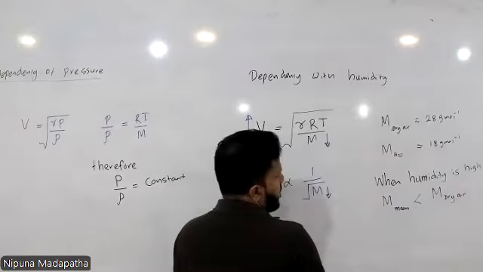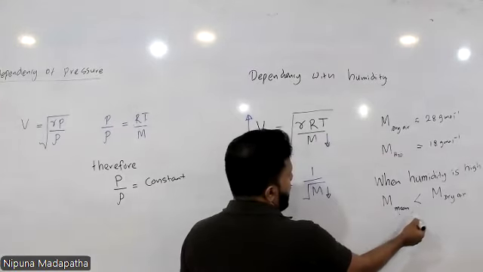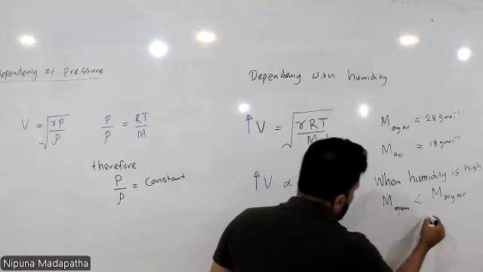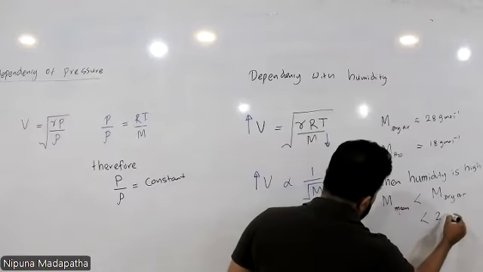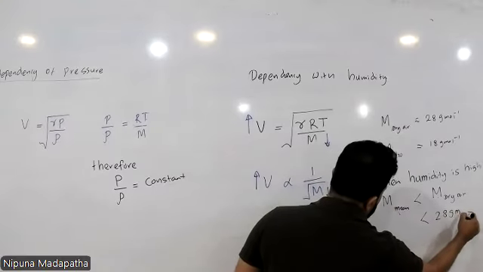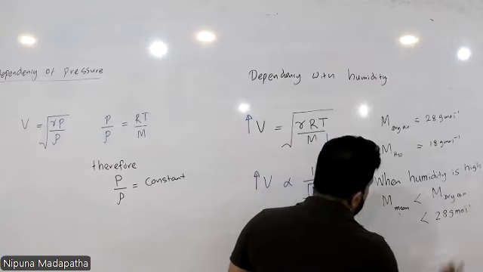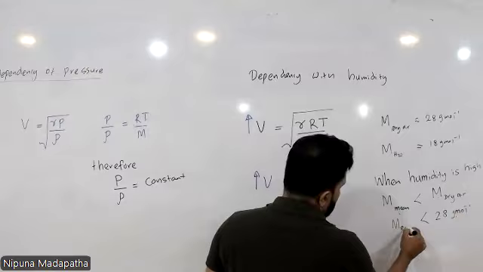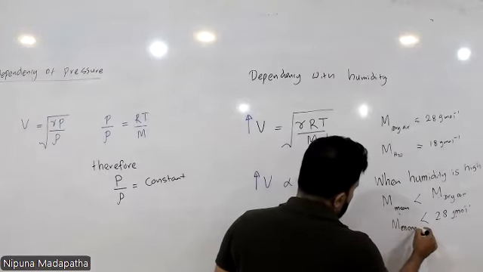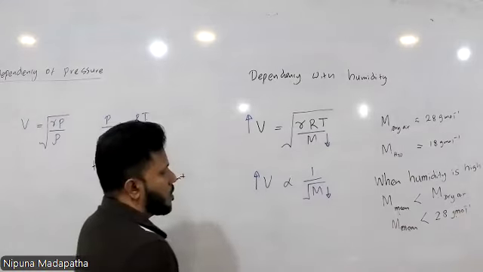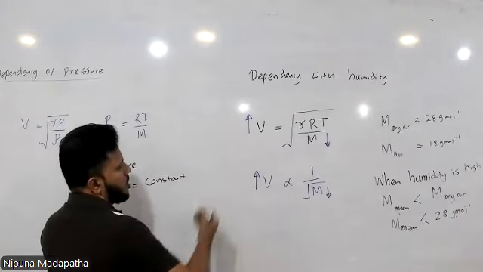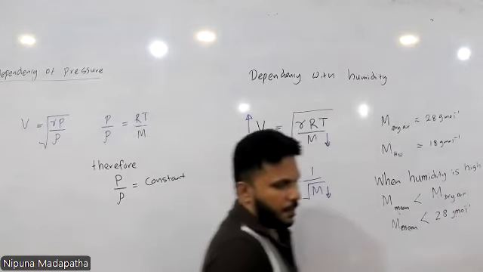When the humidity is high, the mean molar mass is less than the mean molar mass of dry air, which is 29 grams per mole. So this will cause an increase in the speed of sound in air.